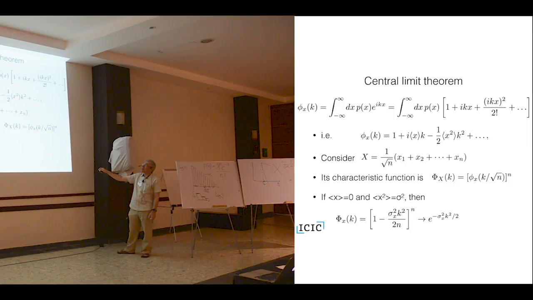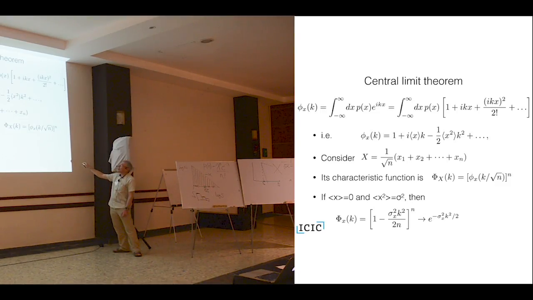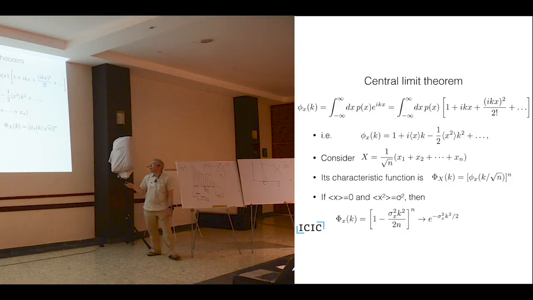What we can do is then associate the root n here, not with the x, but with the k. So we can write this as 1 plus i times the expectation value of x times k over root n, and this one is k squared over n, and so on. So we just attach the root n that appears in this equation to the k's. So we end up with the effect of the root n being to change the argument of the characteristic function by the root n term.